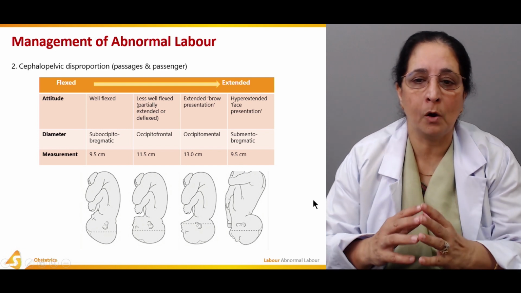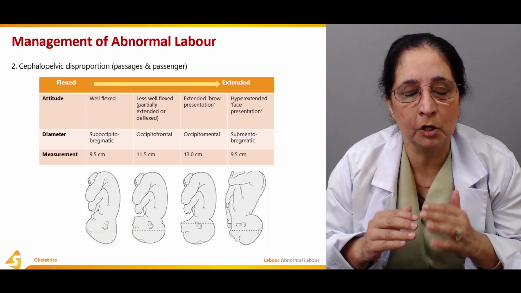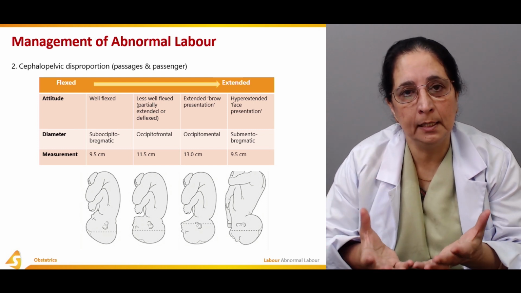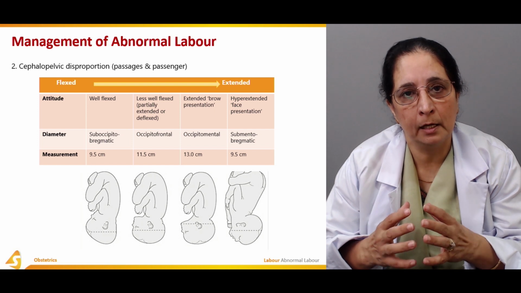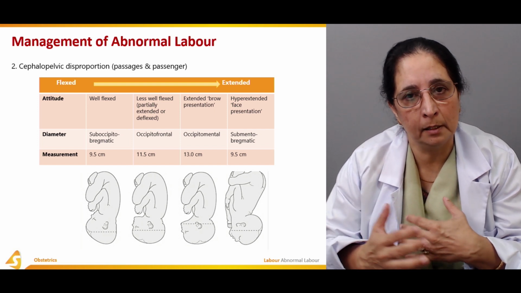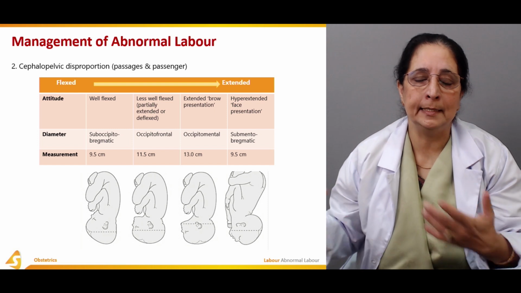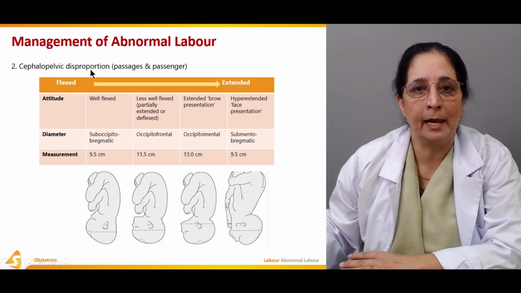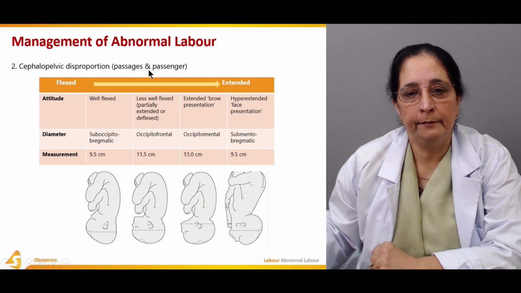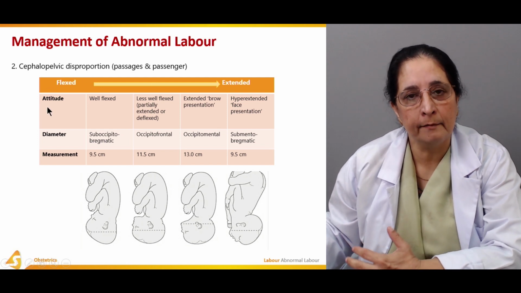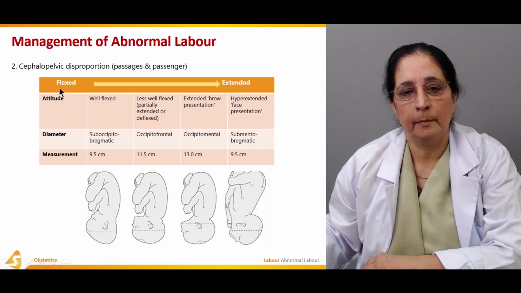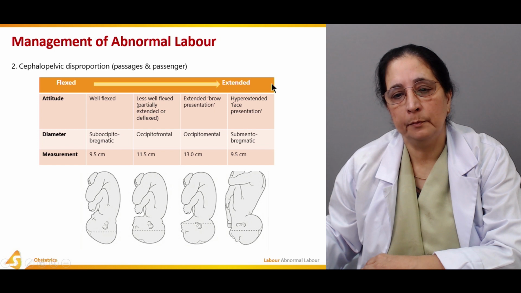So depending on the presentation of the fetus and how big the pelvis is, and whether it lets the baby go out easily or not, it's important. That's called cephalopelvic disproportion: whether the pelvis is big enough to let the baby go out. And this is from flexed to extended position.